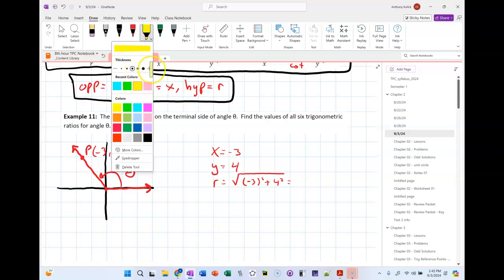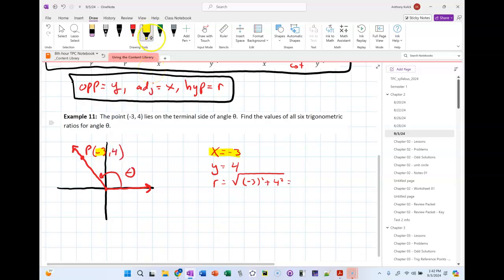That was one of our definitions that we pointed out before. Negative 3 squared is 9. 4 squared is 16. 9 plus 16 is 25. And the square root of 25 is just 5. Everybody's okay there? So we have now x, y, and r.